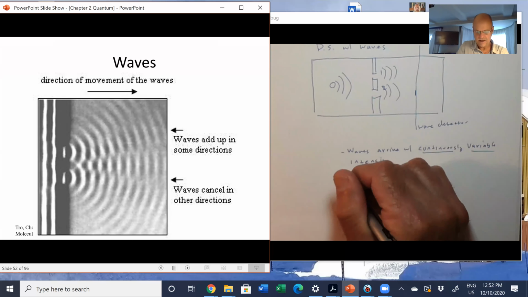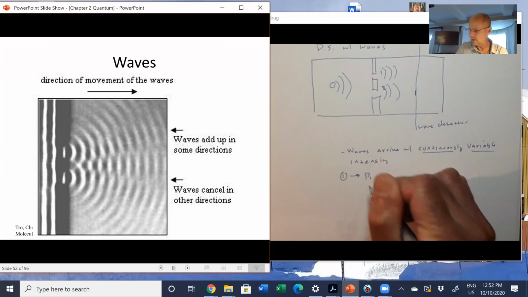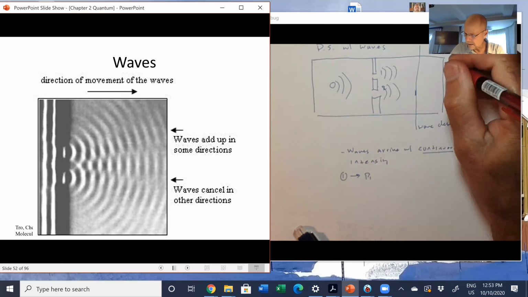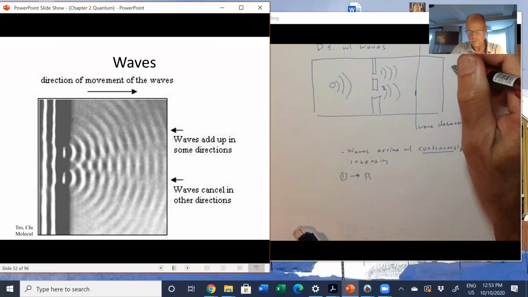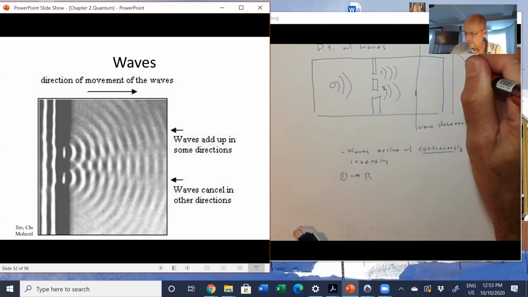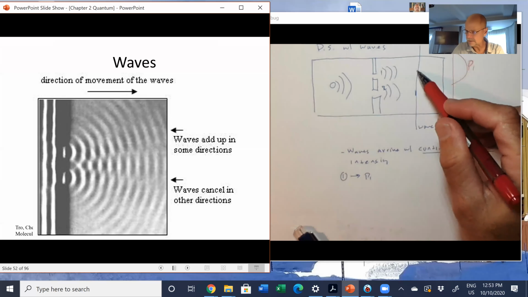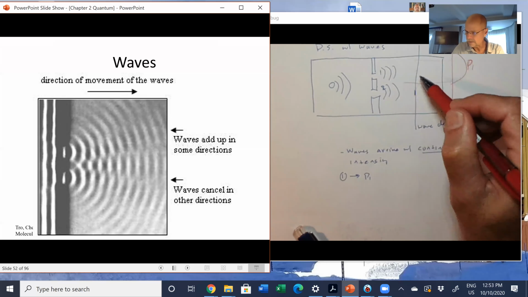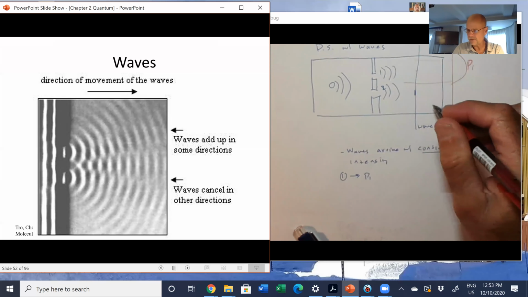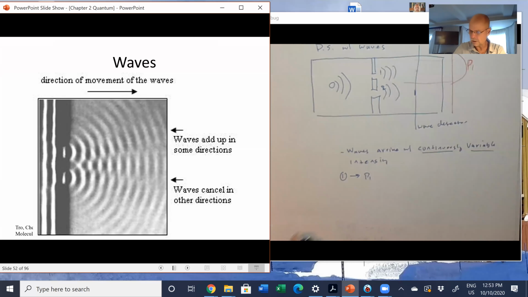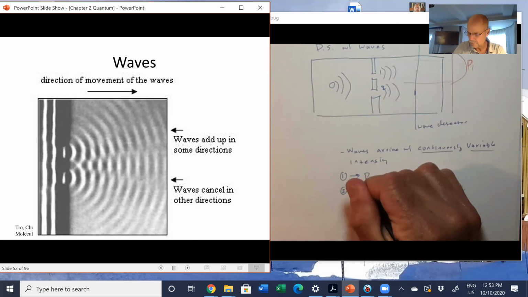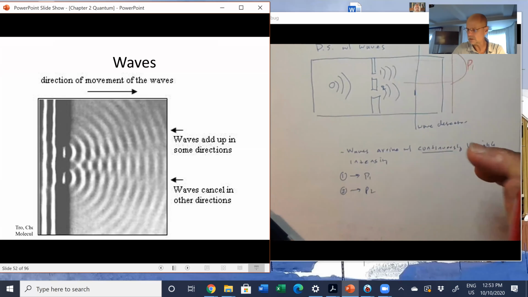Secondly, if I open hole 1, I get P1. P1 looks a lot like what we saw with the particles, the billiard balls. The greatest intensity is basically right here. And if we open hole 2 and close hole 1, we get P2, and P2 looks just like P1.